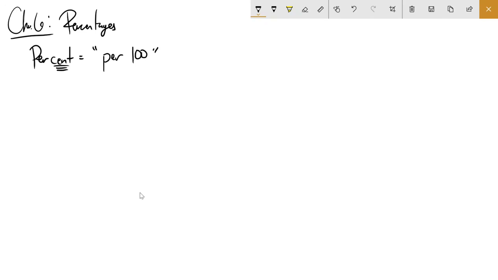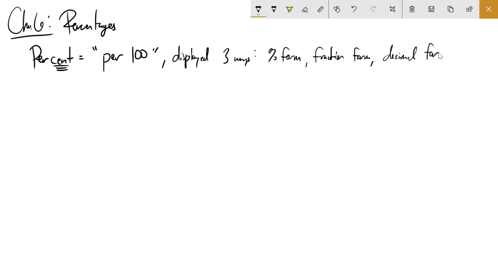So typically percentages have three forms. Percentages can be displayed in three ways. There's the percent form, which you're all pretty familiar with. There's the fraction form, which we'll talk a little bit about today. And then there's also a decimal form of percentages.